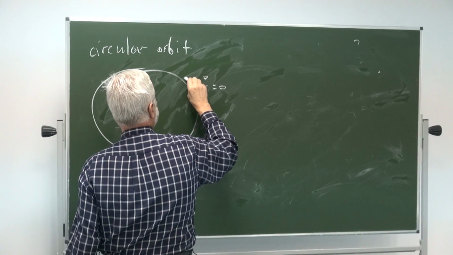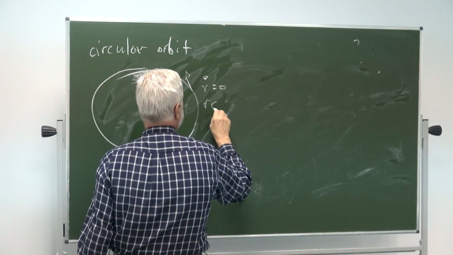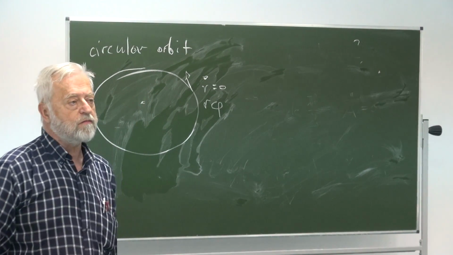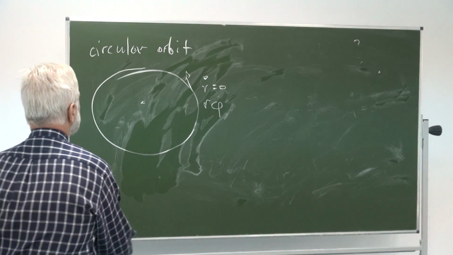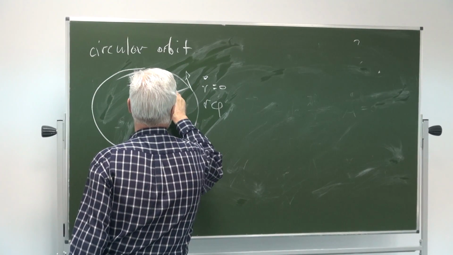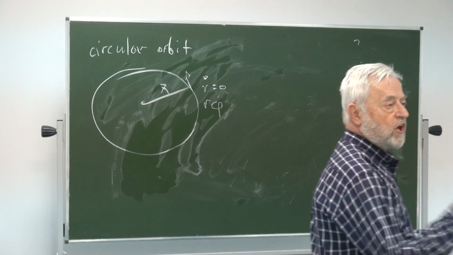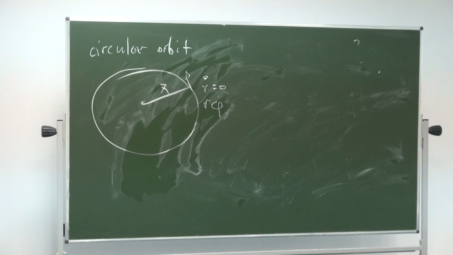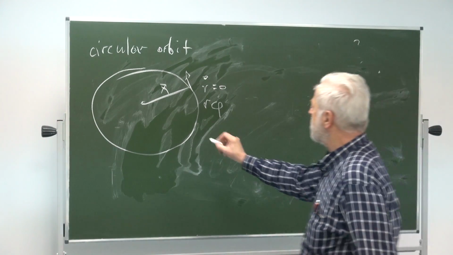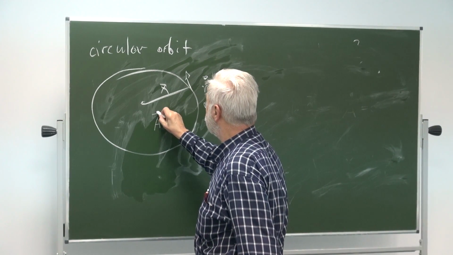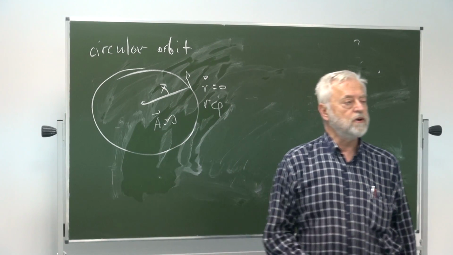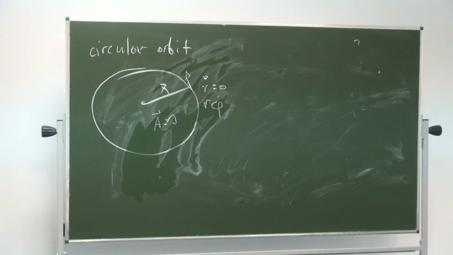We know that the transverse velocity is nothing but r times phi dot, where phi is the angle here. And these two observations are sufficient to verify that in this case, the whole Runge-Lenz vector is just 0. So it's not interesting at all.